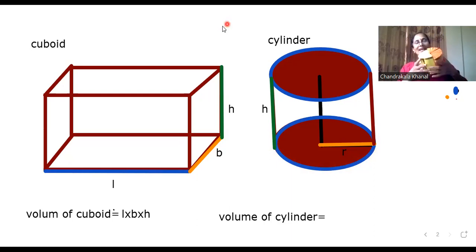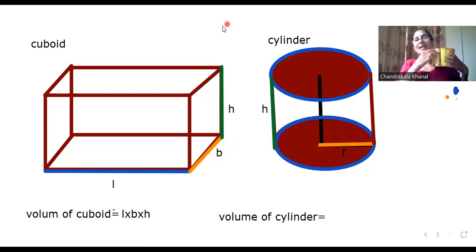And breadth. Look at this. This was the breadth of the cuboid. Now this becomes the radius of the cylinder. This breadth becomes the radius.